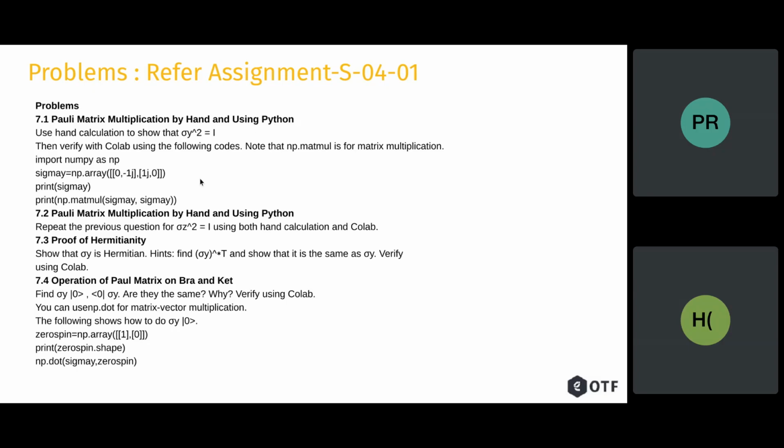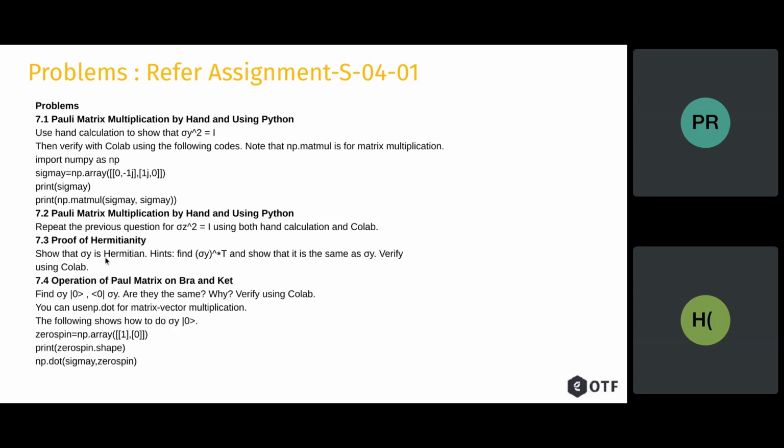You can use Colab to do this, or you can use numpy with the array, as we always said in Python. You can compute this and print sigma y using numpy. In the same way, the Pauli matrix sigma z is asked to be proved or calculated using Colab.